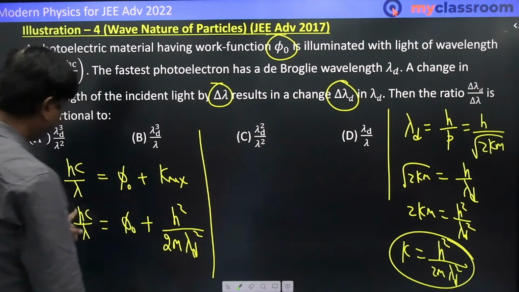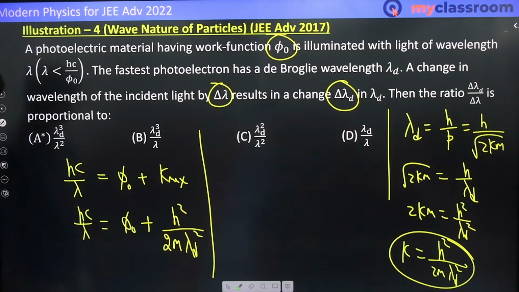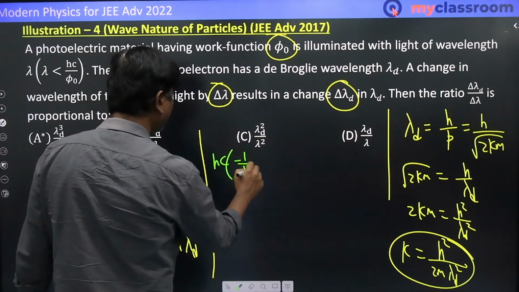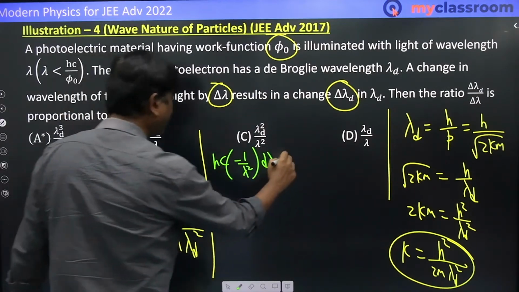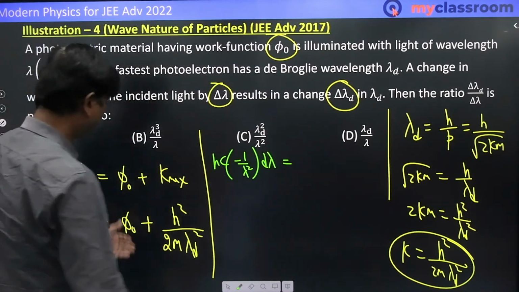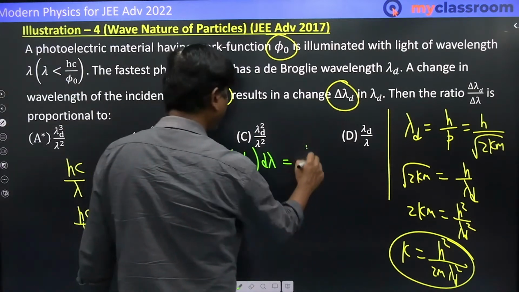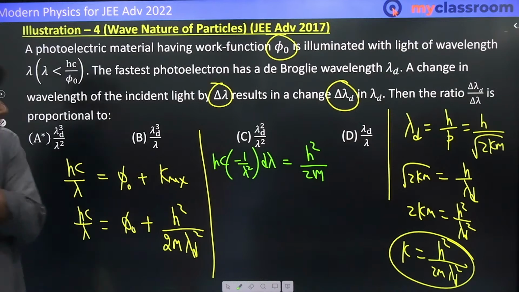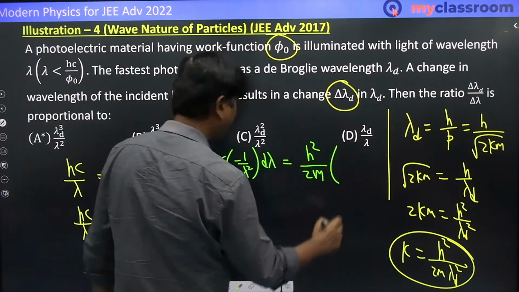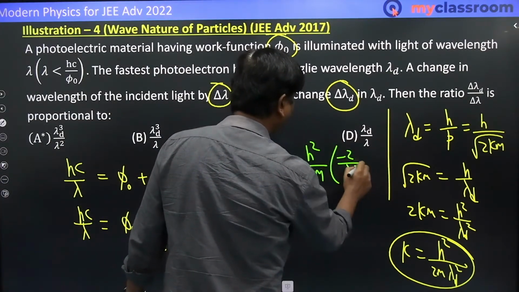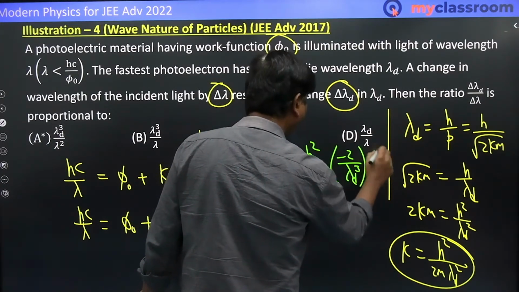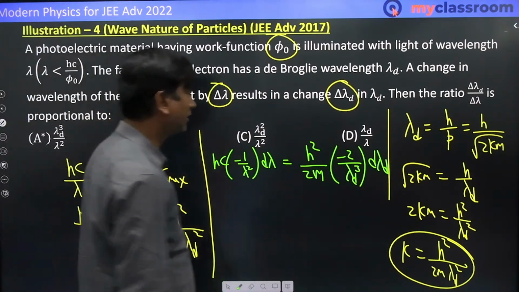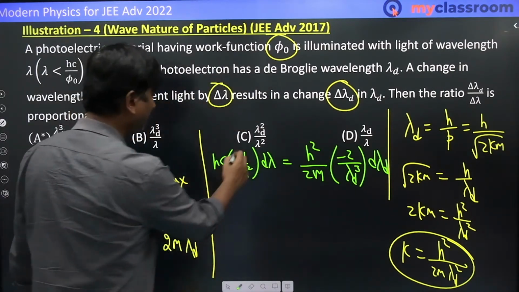Right. So hc by lambda. Now you differentiate. hc by lambda will be hc into minus 1 by lambda square into d lambda, equal to the differentiation of the work function, which is constant, 0. So here you will get h square by 2m, and 1 by lambda d square differentiation will be minus 2 by lambda d cube into d of lambda d. Right. Now minus minus cancels.